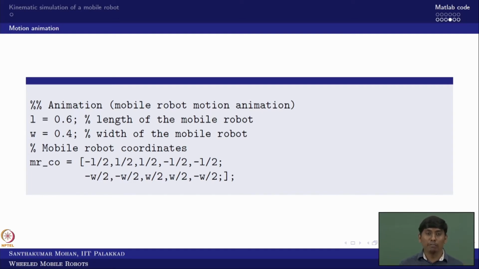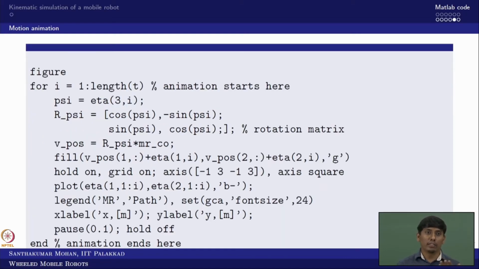So now if I know that, I can put it in a for loop where I run the loop from 1 to length of t, where I can say this is the animation start. The psi is nothing but the third entry of the eta vector, so I am writing psi as eta of 3 comma i, that is, at the ith instant.